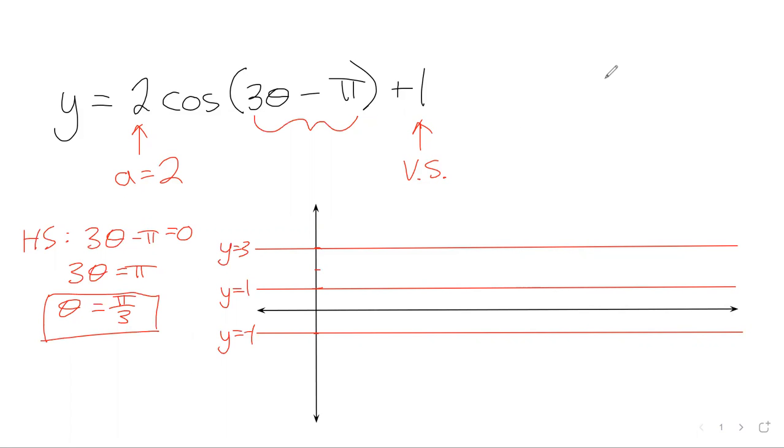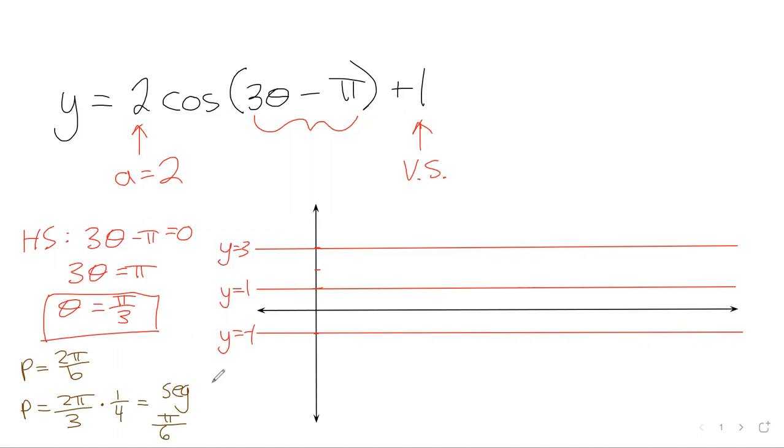And then the one other thing we need to find is the period. So period is 2 pi over b. B is 3. So the period is 2 pi over 3. And that means each segment is a fourth of that, which would give us 2 pi over 12, which is pi over 6.